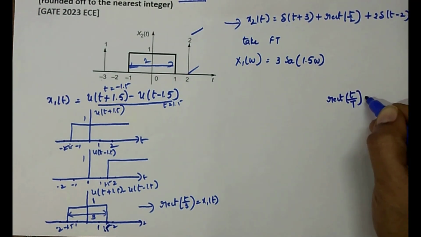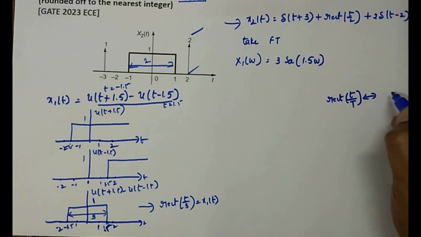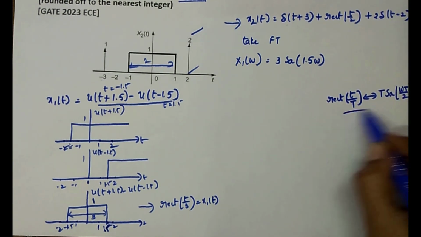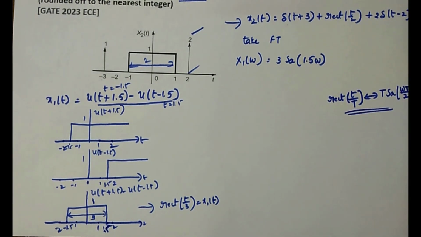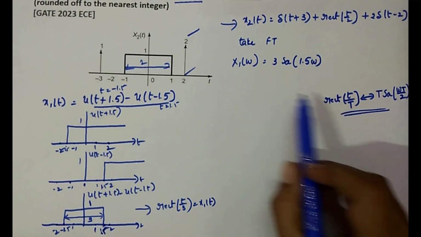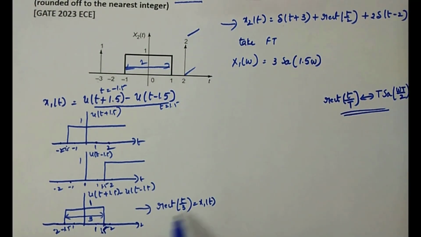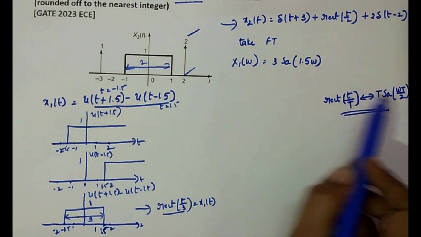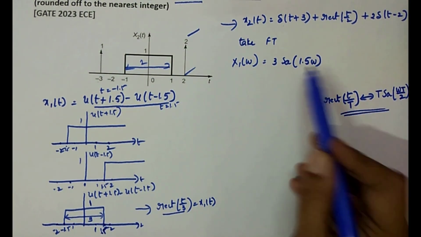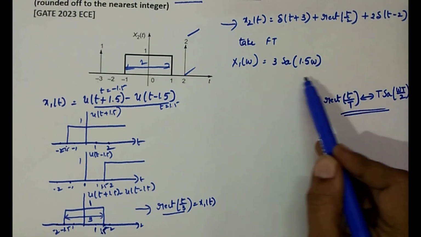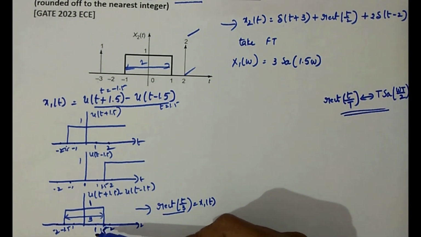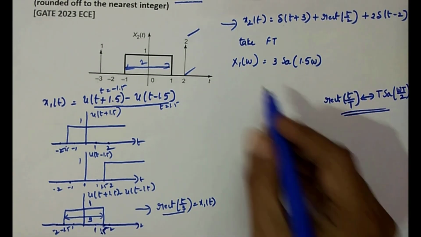Rect of t by T is in pair with T into Sa of omega T by 2. This is the Fourier transform pair. If you use this, your x1 of t is rect of t by 3. So you can write your x1 of omega as T, that is 3, into Sa of T by 2 omega. Here capital T is 3, so it is 1.5 omega.